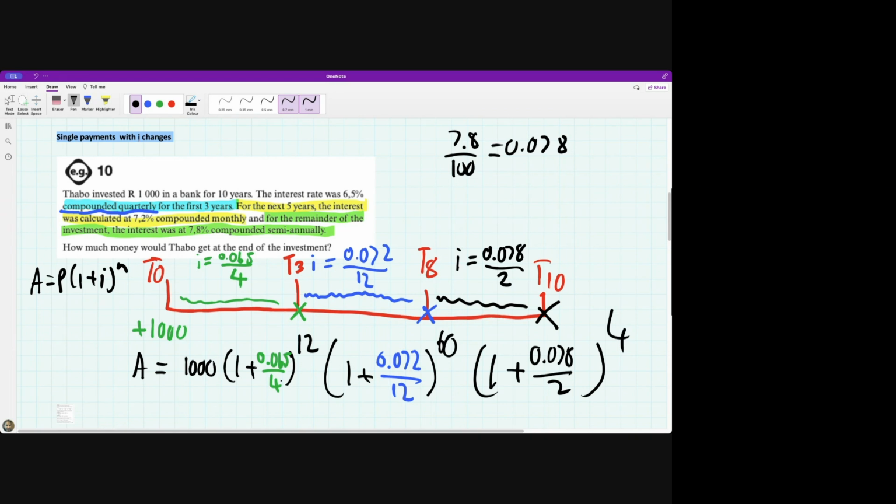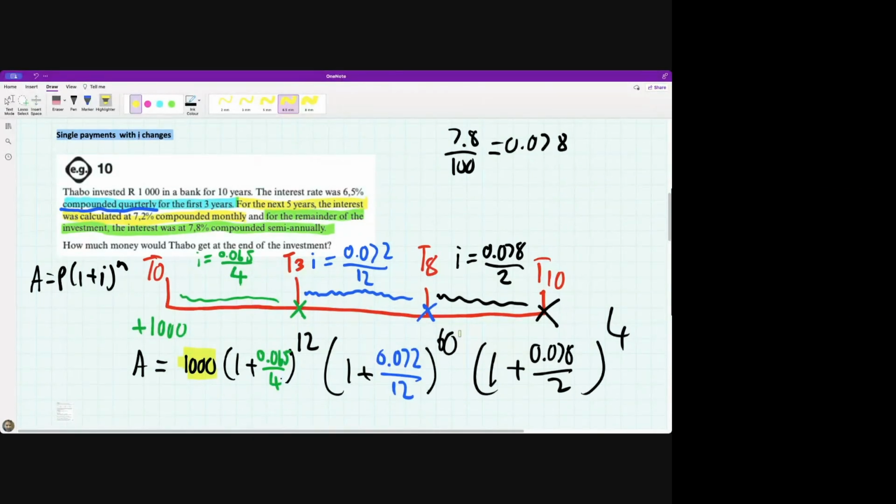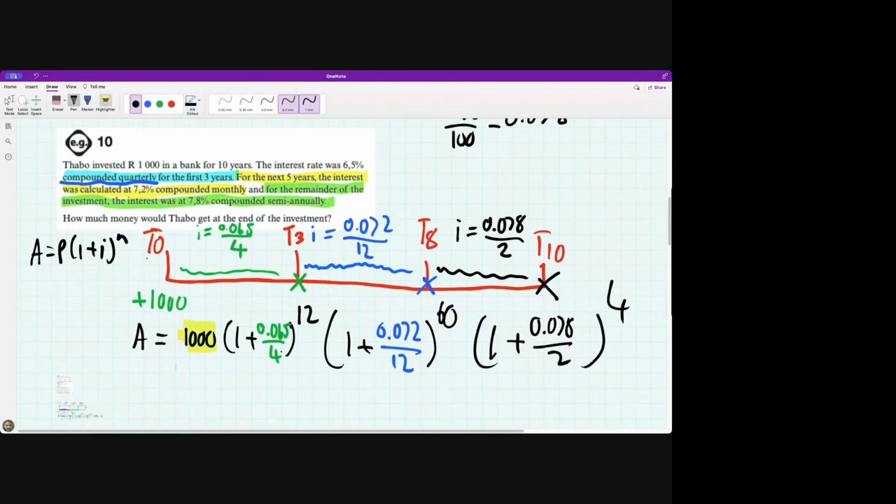All right, so what does this whole rather scary looking thing mean? This is the 1,000 Rand that Tabor was lucky enough to start with. This is the growth for the first 3 years. Then that keeps growing for another 5 years, and then it grows for 2 more years at the end. Now, you need to get an answer for me with your calculator, but this gets a bit tricky.